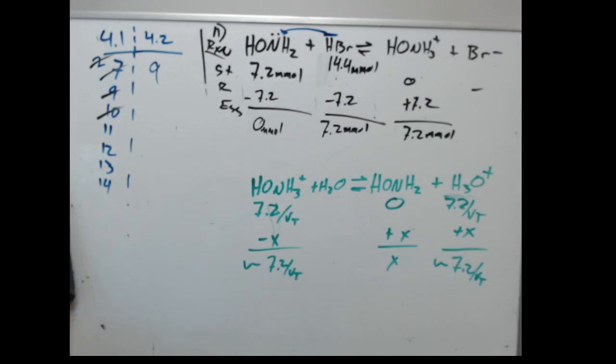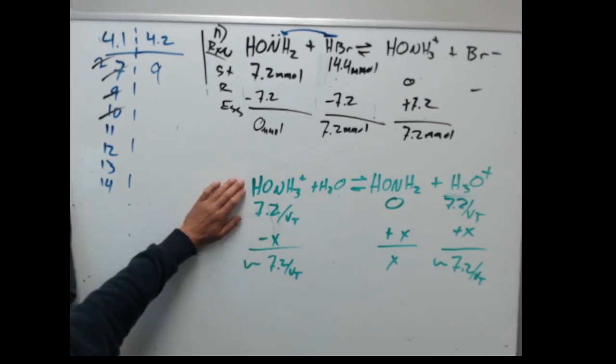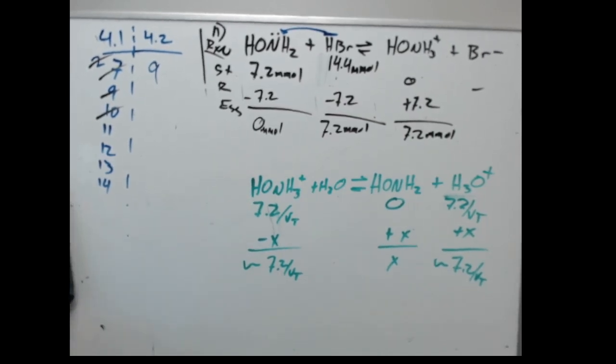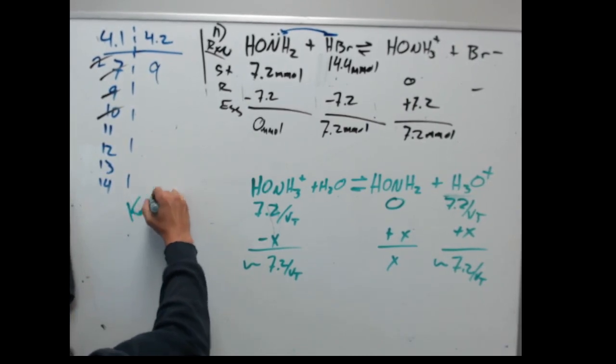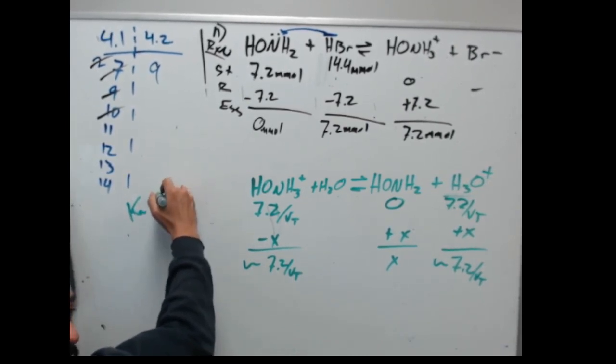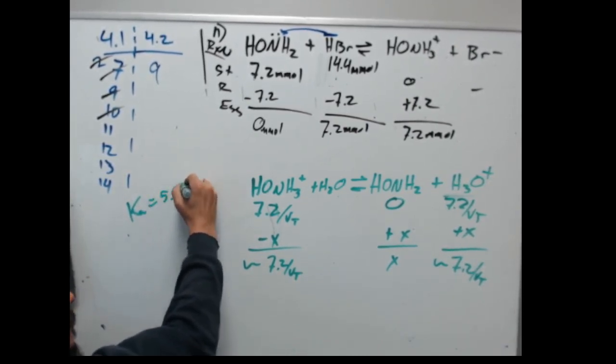Oh, that was the 5.56 e to the negative 8. When did you get that? To solve the previous part, 9D, you had to get the Ka. Got it. So with a Ka, what did we say? 5.56 e to the negative 8.